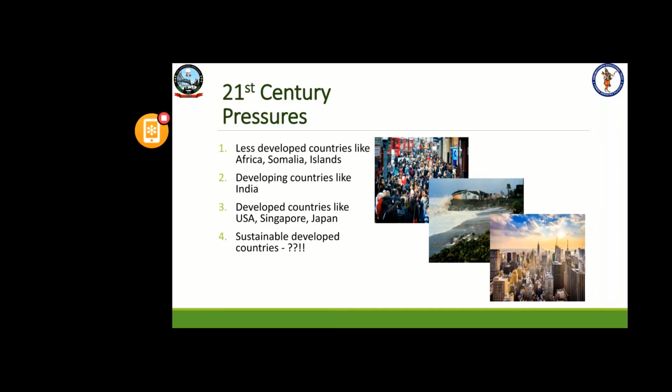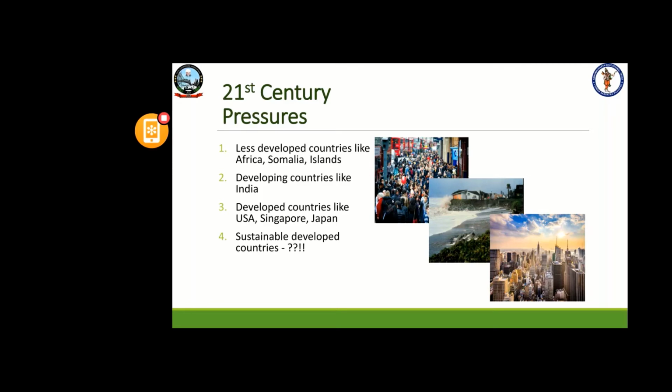What is meant by a sustainable developed country? The country which satisfies the present needs of the generation without compromising the future generation's requirements and without degradation of the environment. I will repeat once again, this should be the vision of every country.